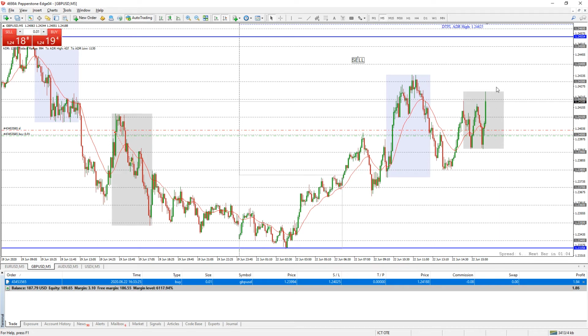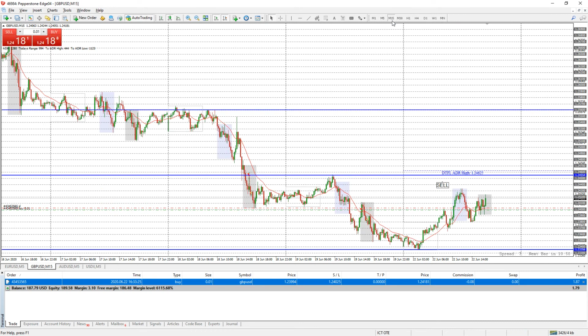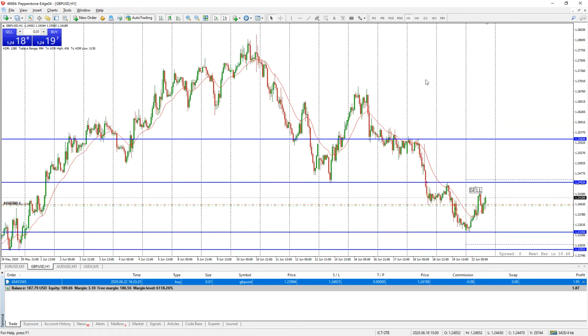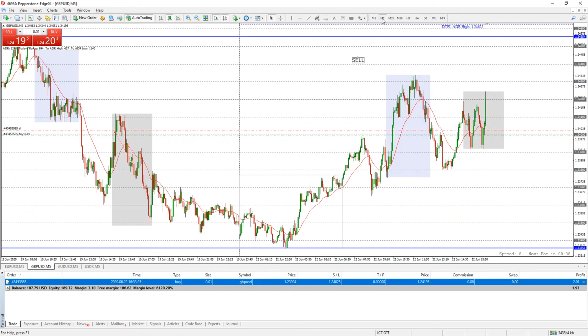And there we are now. The trade is risk-free. Sometimes I just get a small win after doing this, but I expect price to hopefully come here and test this at least. Let's see. Hopefully it'll come here as well, but it should try to test this part here, right?